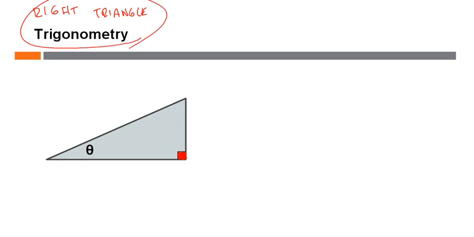And right triangle trigonometry has 3 trig functions that are called the sine, abbreviated down to sin theta, the cosine, cos theta, and the tangent of theta. And that's what those 3 buttons on your calculator do. The sin, the cos, and the tan are the sine, the cosine, and the tangent of theta. Now theta is an angle.